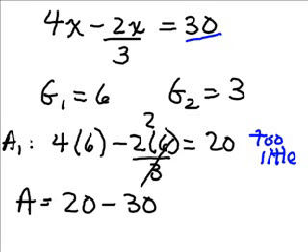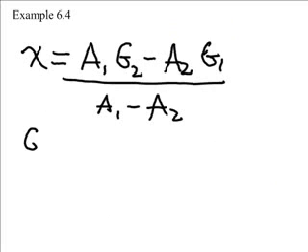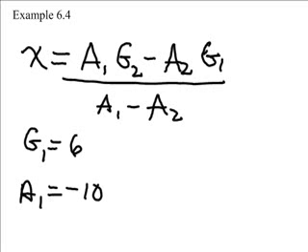We wanted a 30. So this is equal to negative 10. So I have a1 is equal to negative 10. Let's keep track of that over here. We have g1 equal to 6, a1 equal to negative 10.